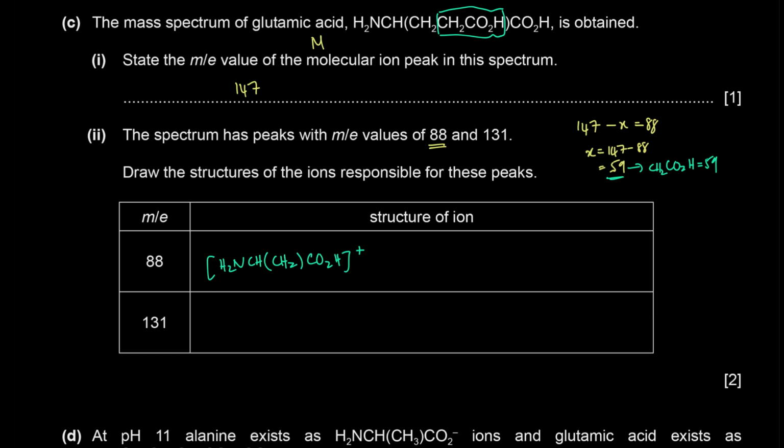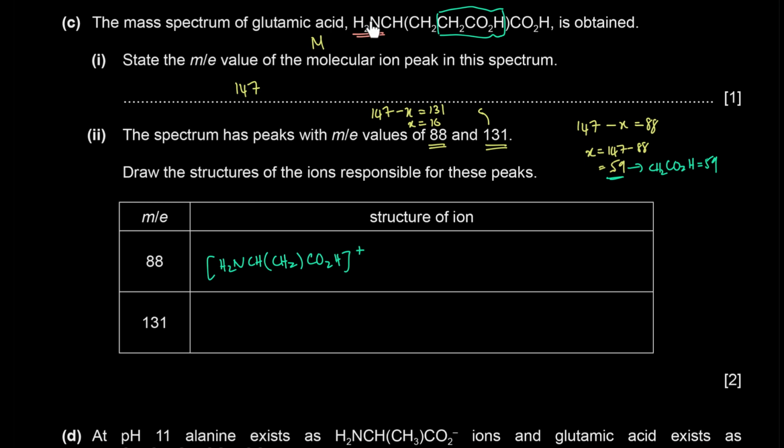All right. The next fragment over here has a mass of 131. So if it has a mass of 131, what broke off to leave you with a mass of 131? Whatever broke off had a mass of 16. So what over here has a mass of 16? The NH2.